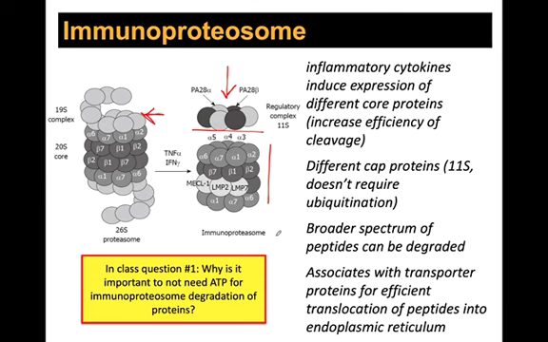So I sort of went over this. Why is it important to not need ATP for immunoproteasome degradation? And the answer is during infection, you often lose intracellular sources of ATP, and so you couldn't really do that efficiently.